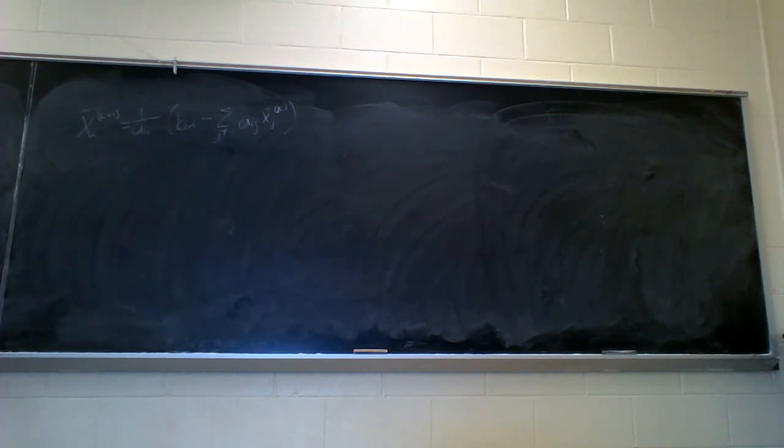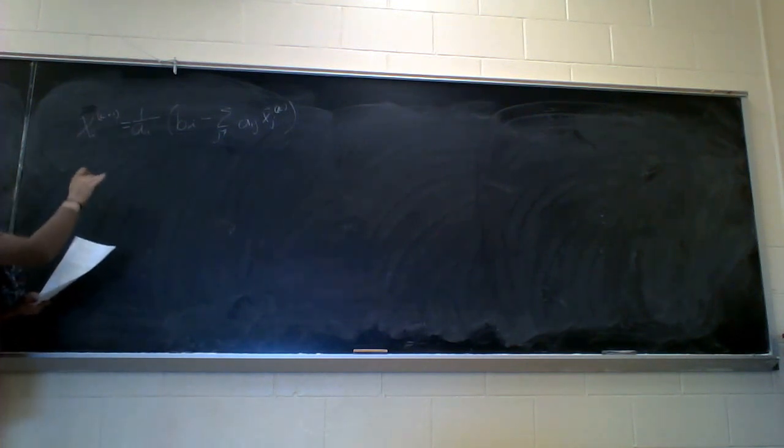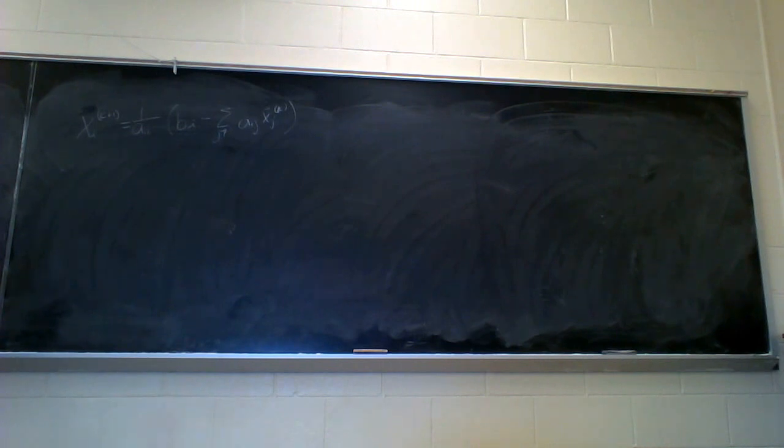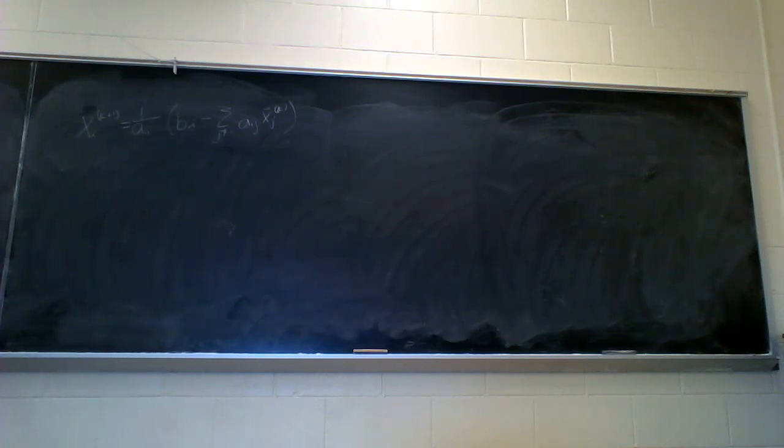So this description of the Jacobi method is helpful for its practical implementation, but it also reveals how the method can be improved. If the components of x^(k+1) are computed in order, then the computation of x_i^(k+1) uses the components 1, 2, all the way up to i minus 1 of x^k, even though those components have already been computed.